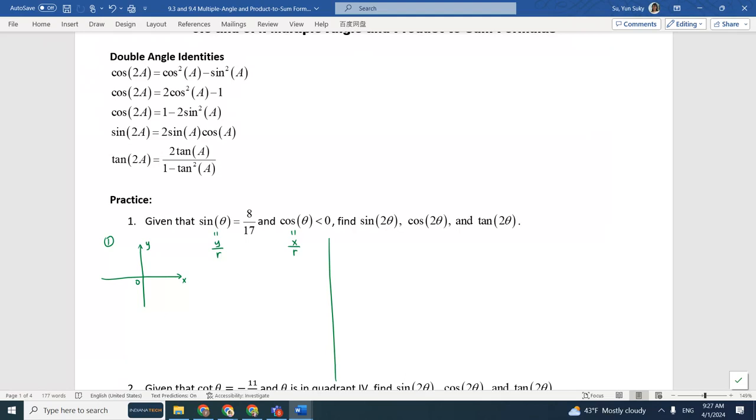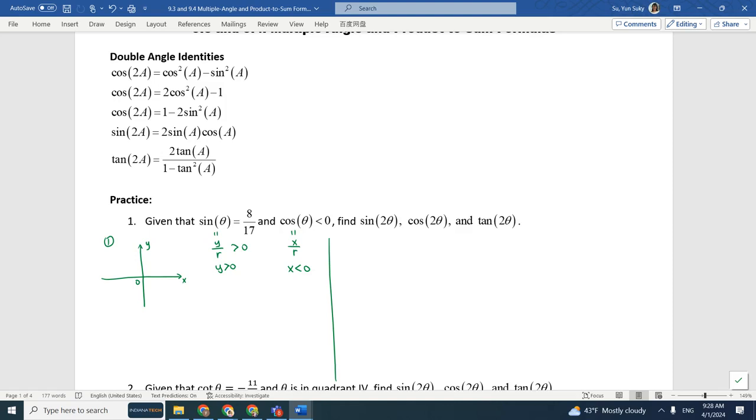Okay, do you see this is positive? And we know r is always positive. Therefore, y is positive. How about here? R is positive, but the whole thing is negative. X is negative. Exactly.